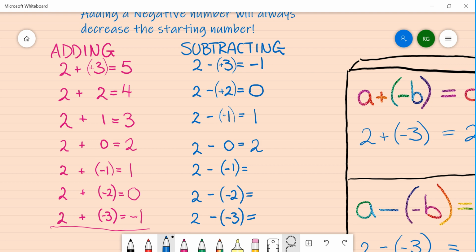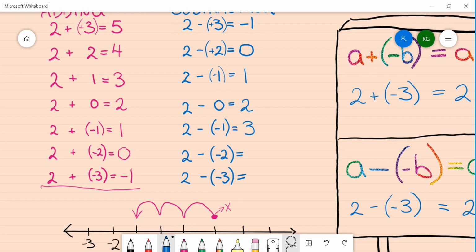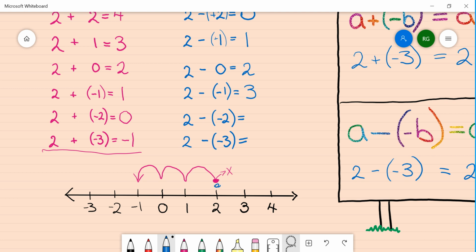2 subtract negative 1. According to our pattern, the answer should be 3. So if we have $2, let's start here, and we want to subtract negative 1. Normally, if you were subtracting, you'd go backwards. You'd want to go that way.